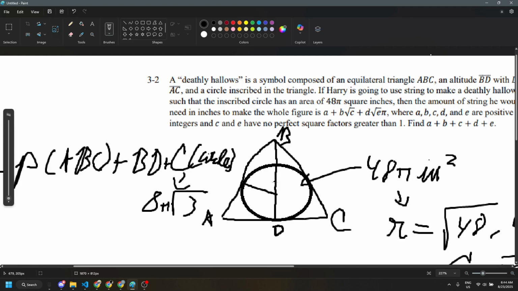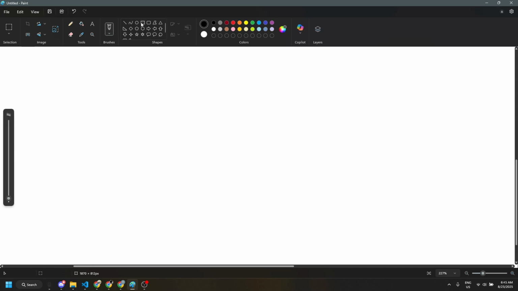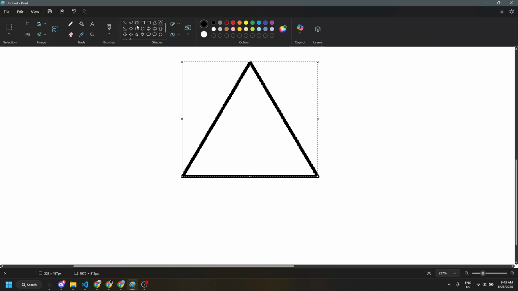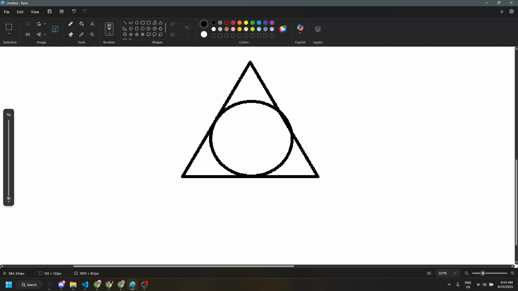How do we find stuff to do with the diameter and triangle and everything? That is a question. I'm gonna make a cleaner figure. So if we have this radius, and this radius.